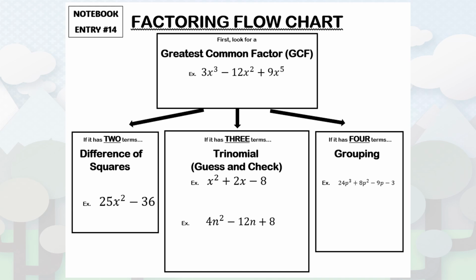So first thing, top of this flowchart is greatest common factor. So that is always what we look for first. So in that polynomial we have, there is a GCF of 3x squared, and the remaining factor then is x minus 4x plus 3x to the third. Okay, so that polynomial, right?